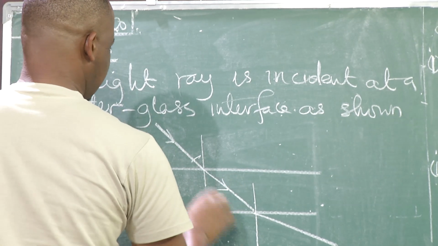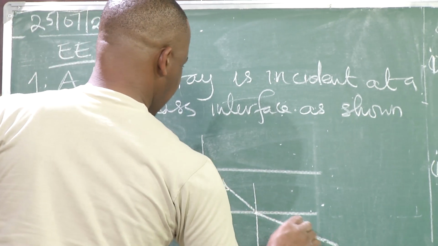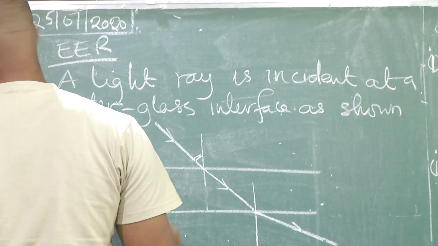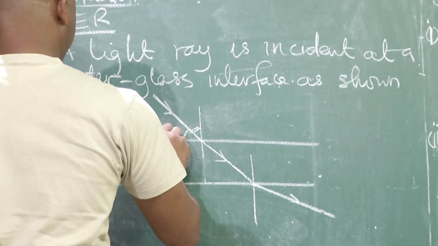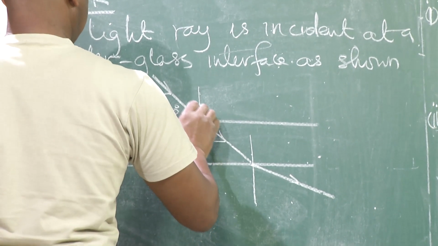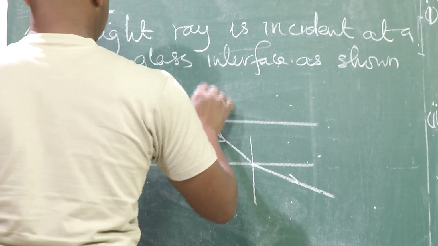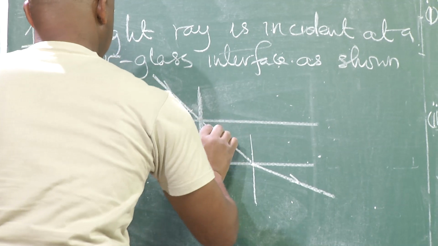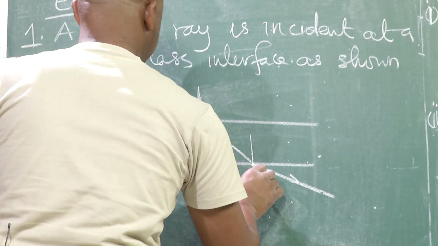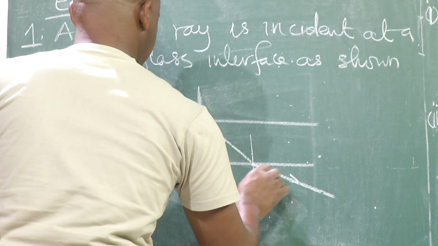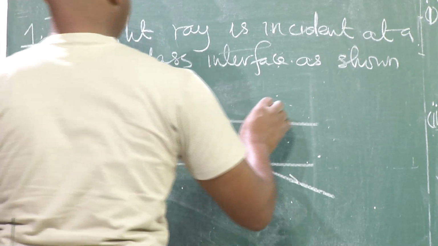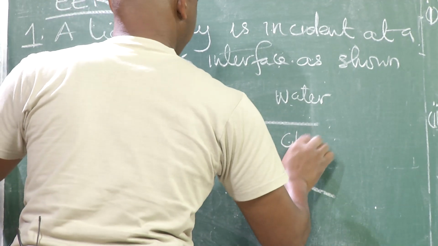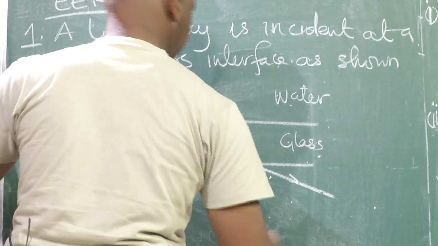There is an angle of incidence and an angle of refraction, and usually we trick students by giving, for example, an angle like this. It is very clear here that the normal is this one, and therefore a student who fails to identify the angle of incidence will definitely fail to get the correct answer.